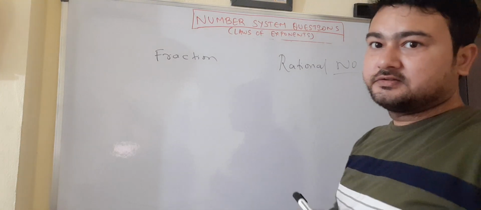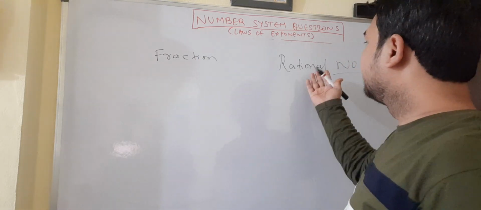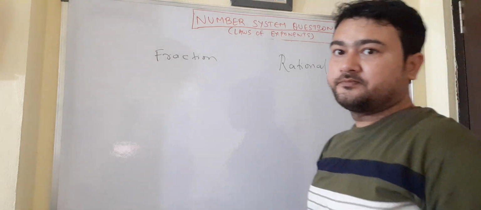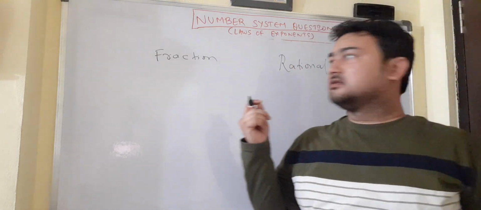What is the difference? We can already use the word fraction. Why we are using rational number? Is there any difference between them? Yes, if there are two words, there has to be certain difference.